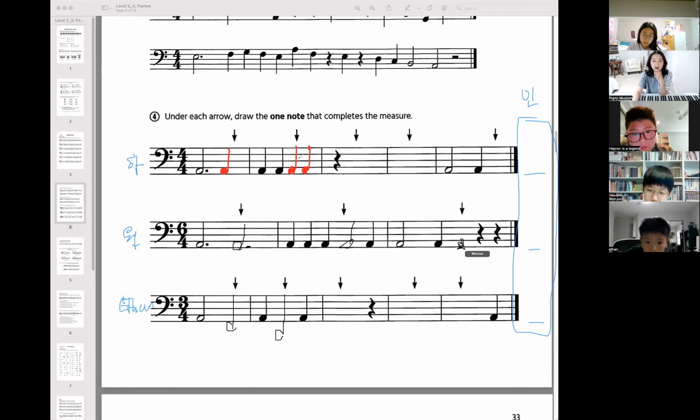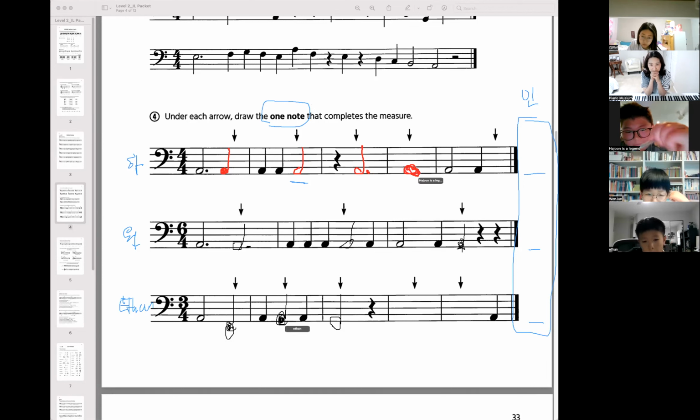But Hajun, it says that one note, so you cannot draw two notes here. Minseon, you have to check things like that too. Kids have to draw one note, but maybe they drew two. Good.